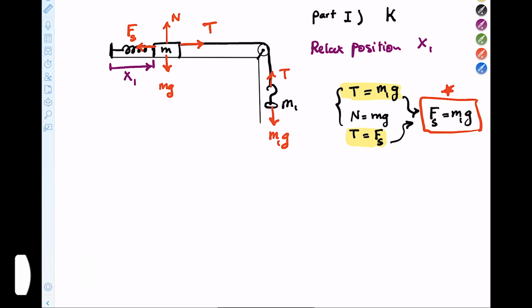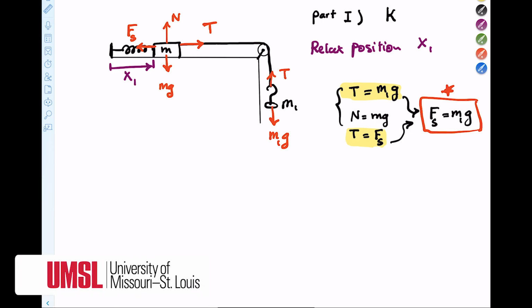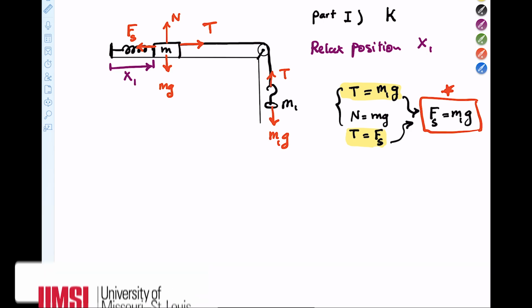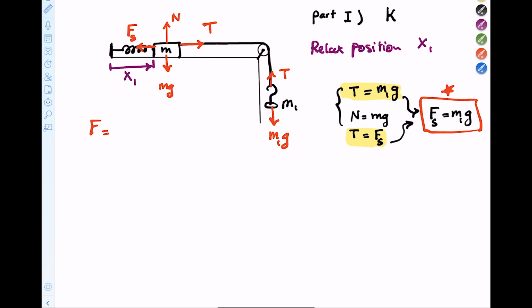This is important. We do remember from spring force that the absolute value of the force of a spring is negative kx. K is a spring constant.